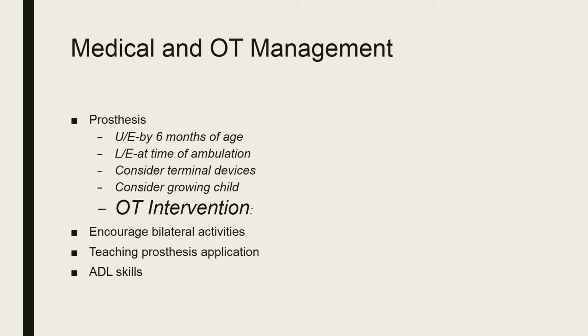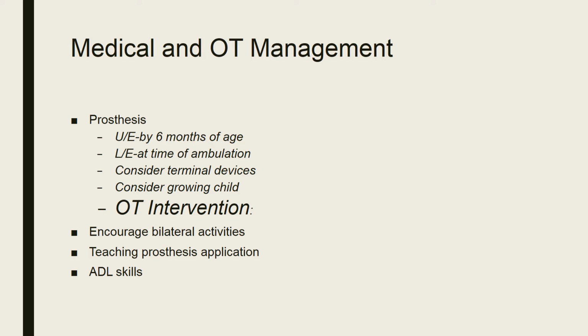Because when we think of development, at 6 months of age, that child's starting to integrate and use their bilateral hands, right? And so if you have that prosthetic at that time of development, that child will have that in their mind and be able to use that prosthesis to grow and develop with.